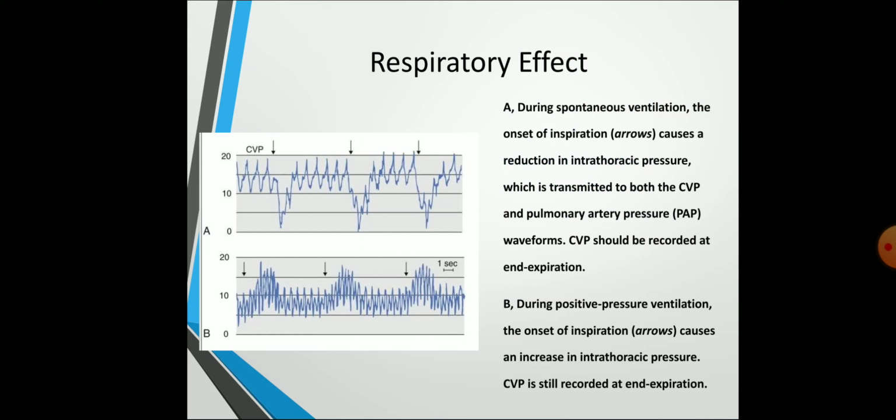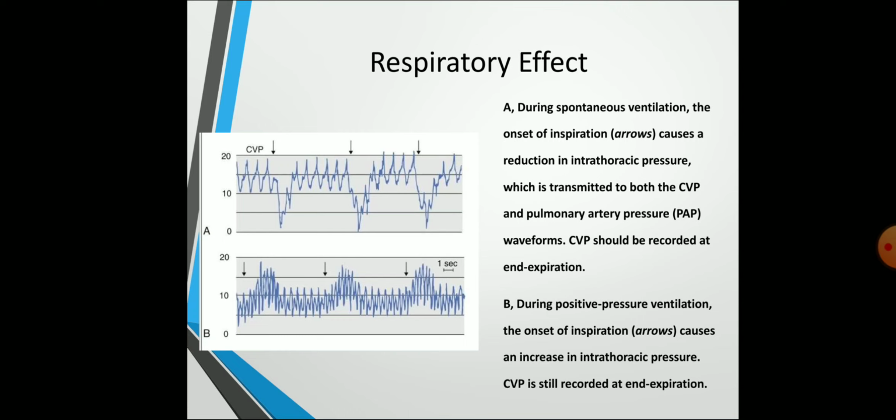Now, coming to the respiratory effect, what happens in respiration? During inspiration, the CVP tends to fall. That is because when you inspire, the intrathoracic cavity expands, which causes more blood to enter the right atrium or right ventricle, and this causes a fall in central venous pressure.